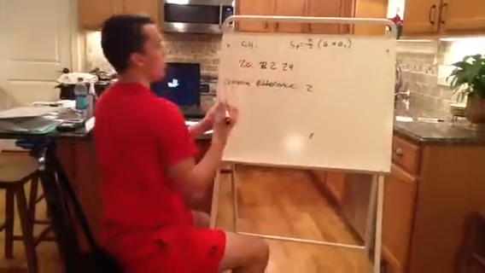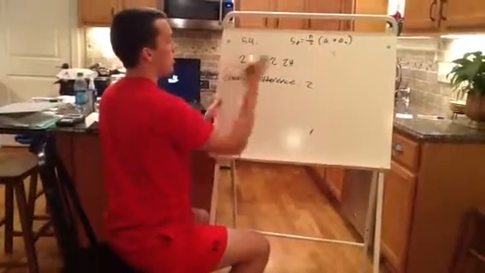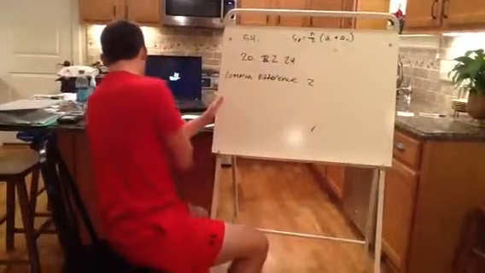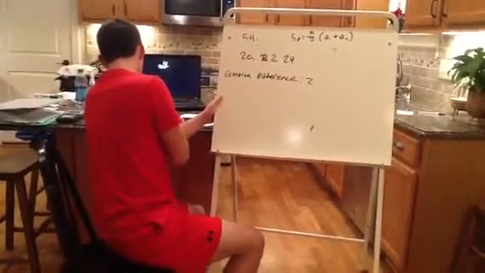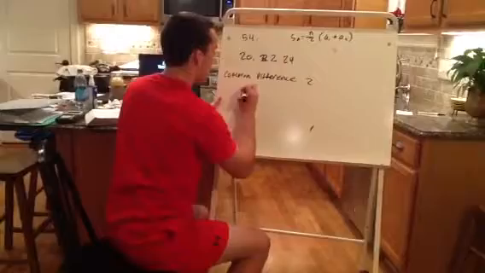So we're just going to do n, the number of terms, and it says there are 21 rows, so that would make that 21.